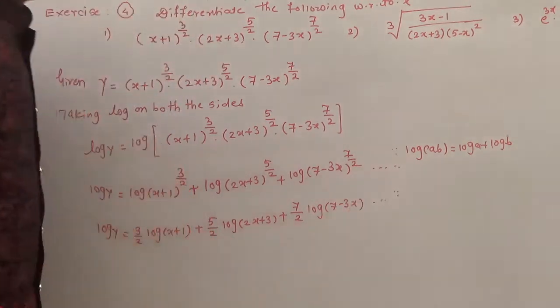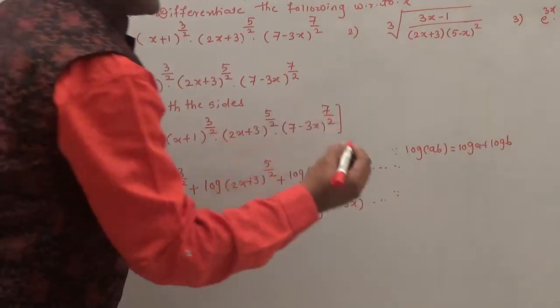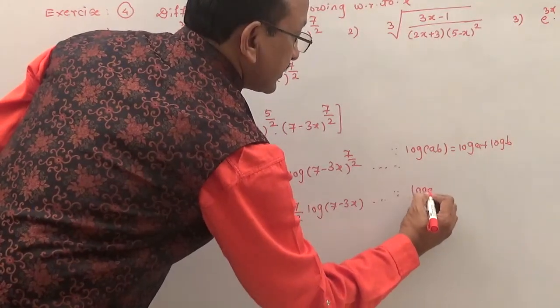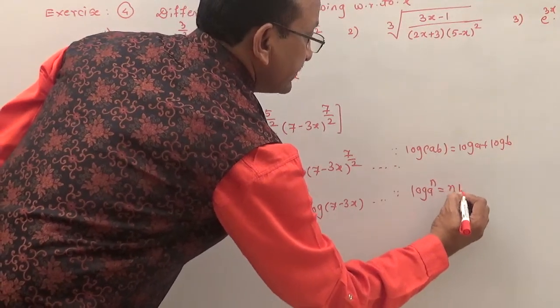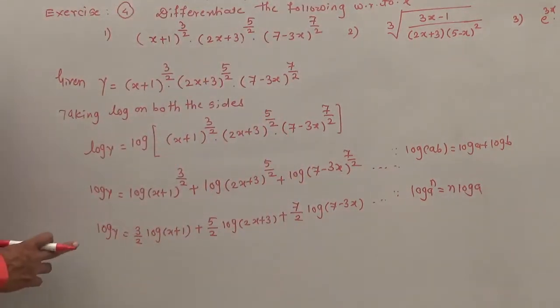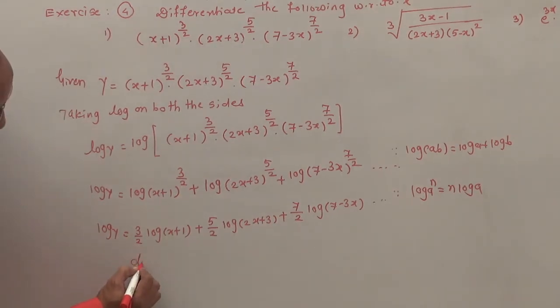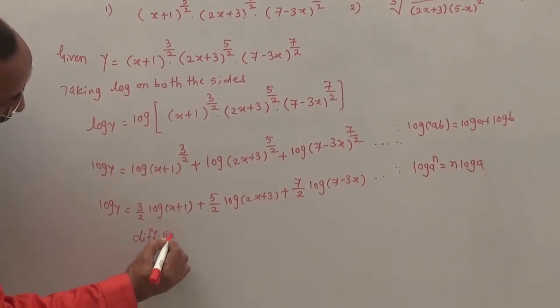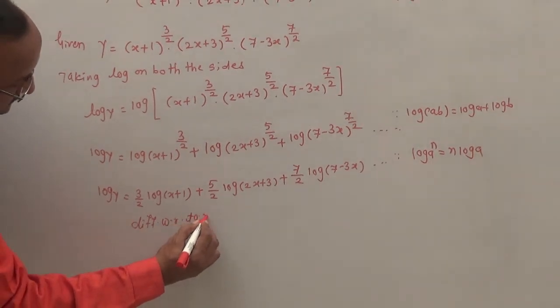Which formula applies here? Log a raised to power n is n times log of a. After complete simplification, you have to differentiate this function with respect to x.